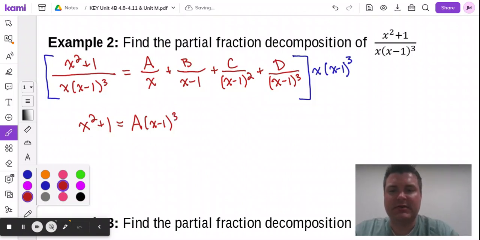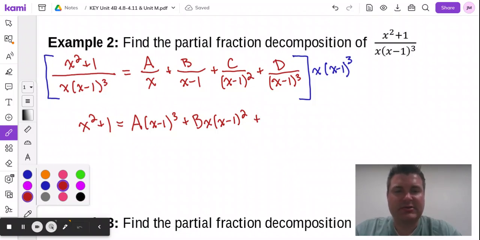For the b term, just one of the x minus 1's cancels out, so I'm left with b x times x minus 1 squared. For the c term, 2 of those cancel out, so I get c x times x minus 1. And for the d term, I just have plus dx.